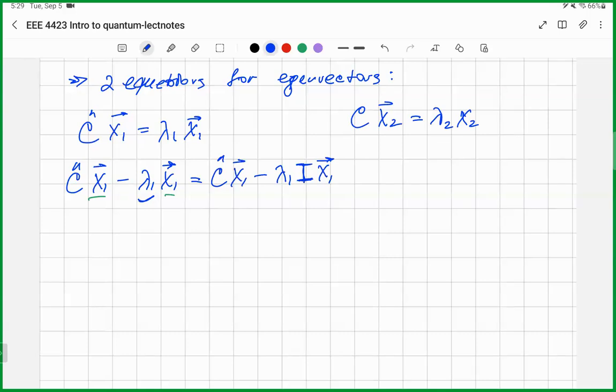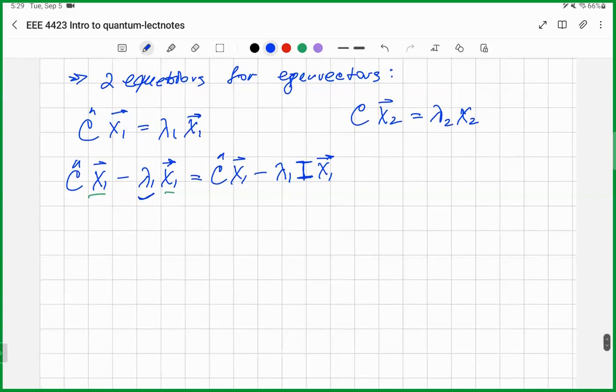But at the same time, it allows us to rewrite this as the C matrix minus lambda 1 I, times x1, and this is supposed to be equal to 0.